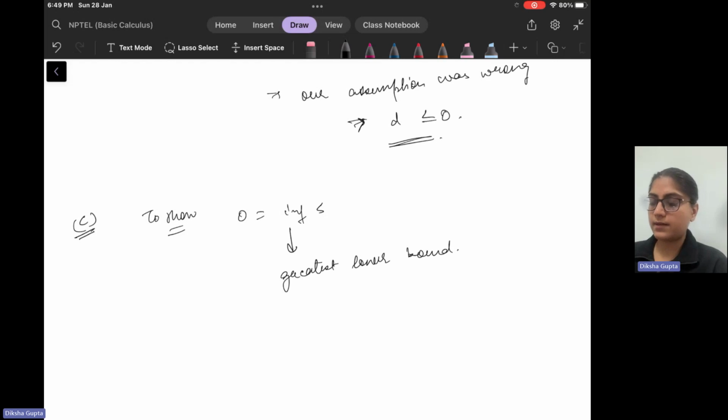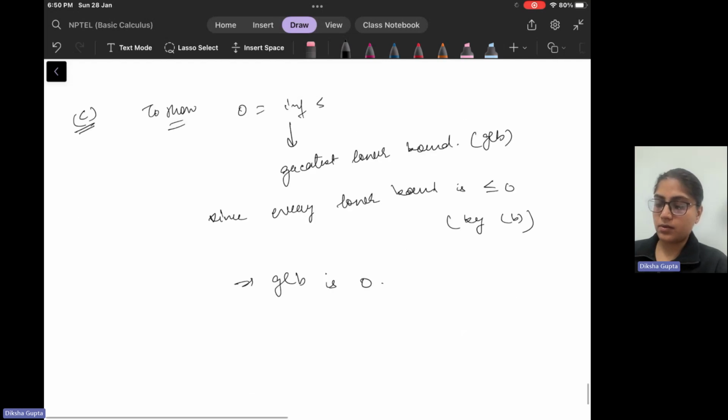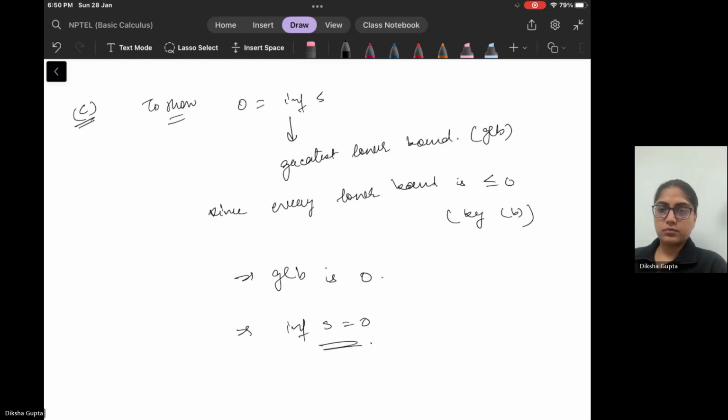You can see it trivially from part B, since every lower bound is less than or equal to 0 by part B, the greatest lower bound, which I denote by GLB, is 0, implies the infimum of the set S is 0. Okay. So these were some of the applications of the Archimedean property. Just give me a minute, I'll be back.